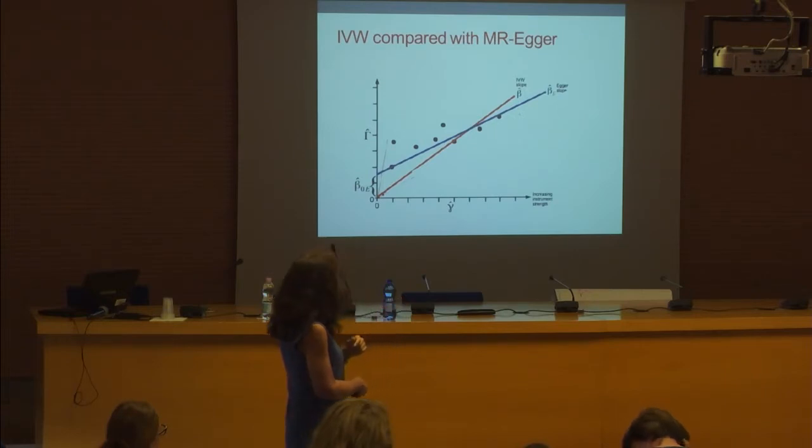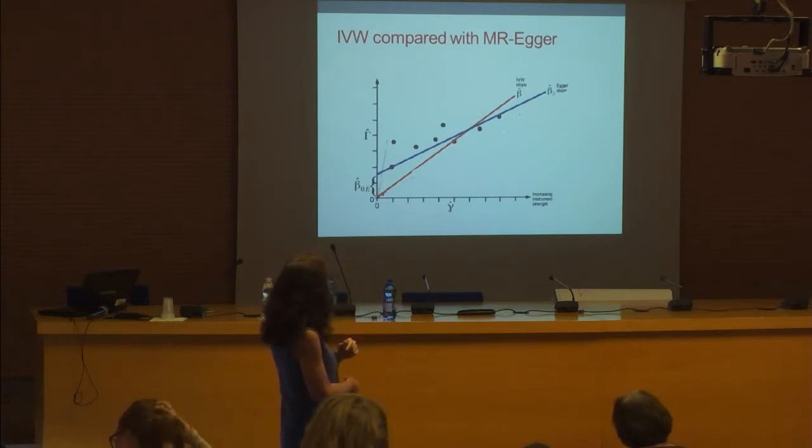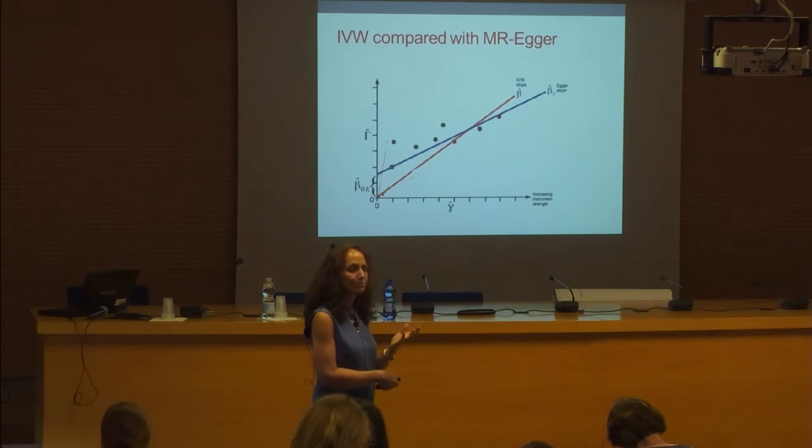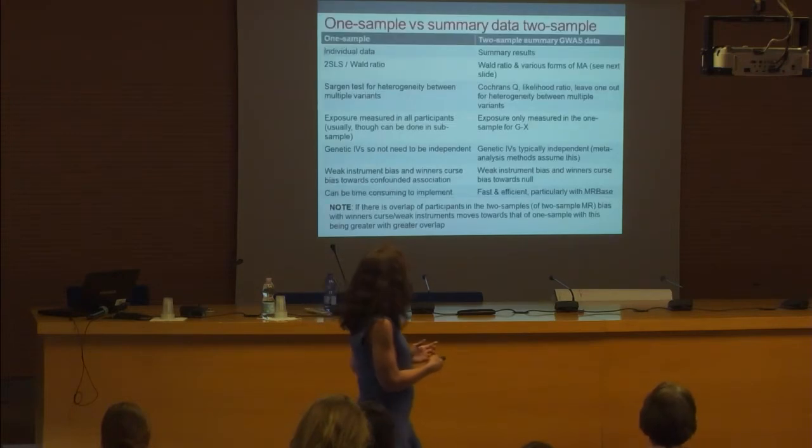It doesn't necessarily point out which of the trials or SNPs is the one that's causing this pleiotropy, but it warns you of its presence, and it gives you a new slope for which you can relax that assumption. So this is almost like a pleiotropy adjusted slope.